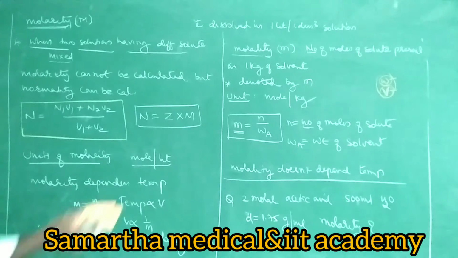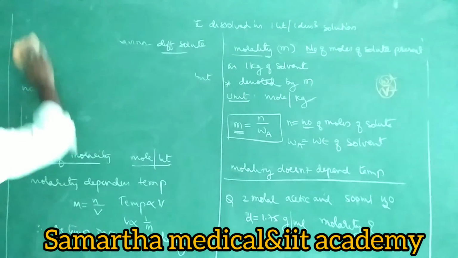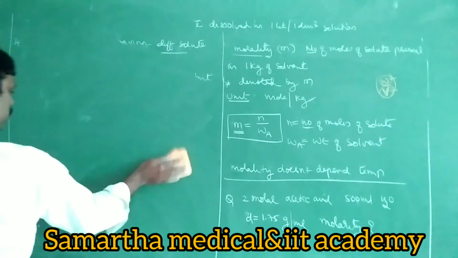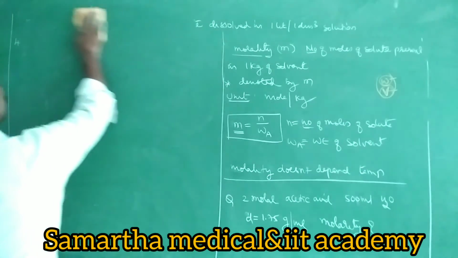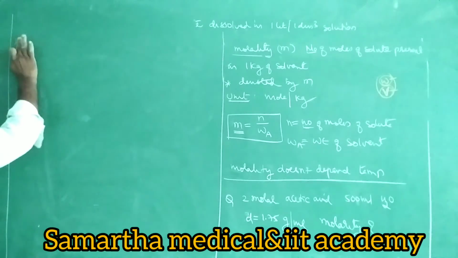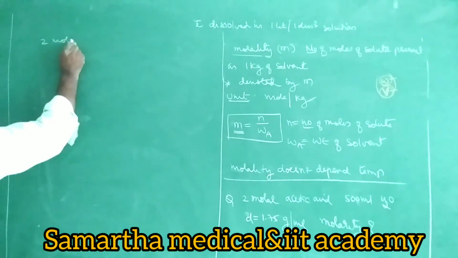See, here molality is given and they are expecting molarity. This kind of question is very common: by giving molality, how to calculate molarity? What is the meaning of 2 molal?